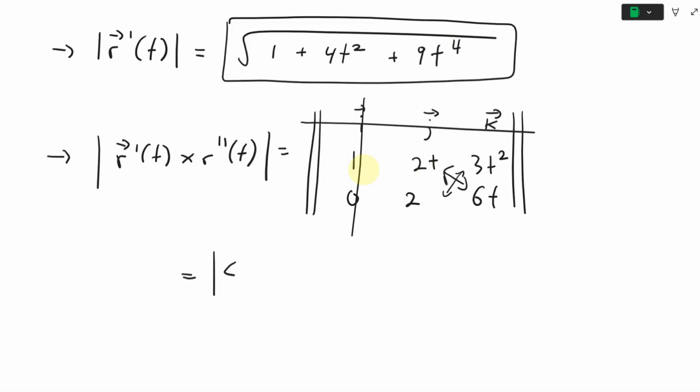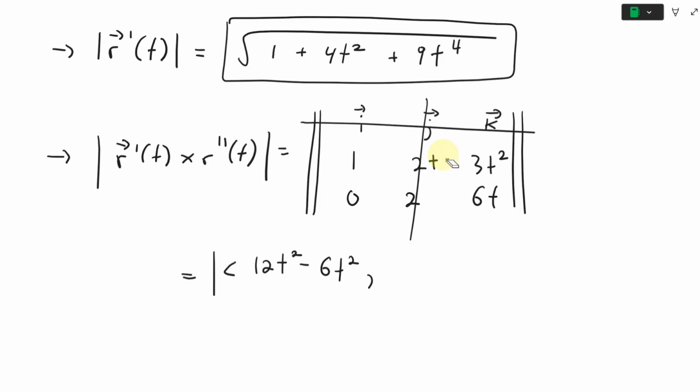So the first component is 2t times 6t, which is 12t squared, minus 2 times 3 times t squared, 6t squared. Then the next setup is these two in the middle, so we cross out the middle column, 1 times 6, and then minus these two.